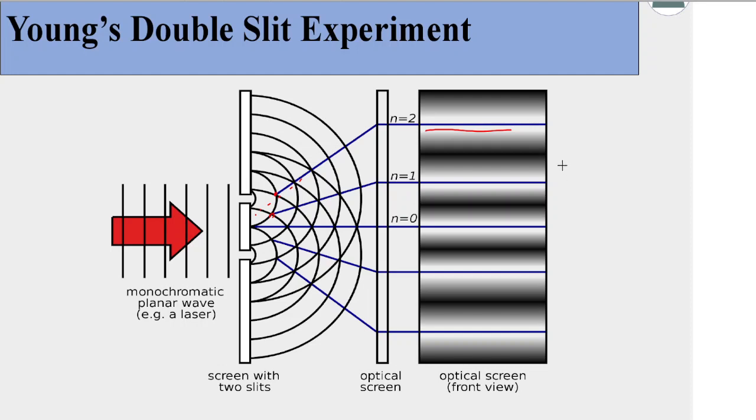Now, if you want to find the distance of a given bright or dark band, we take the center as the reference and the center of that band as the other line. If I want to find the distance between the central bright band and the second dark band, this would be the first dark band and this the second dark band. The distance from here to here would be the distance of the second dark band from the reference point.